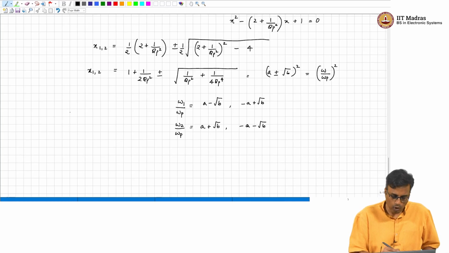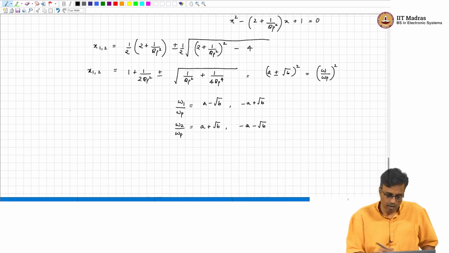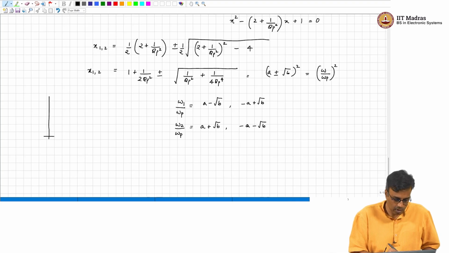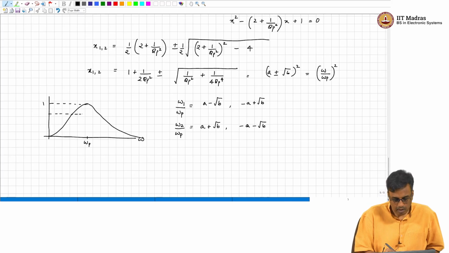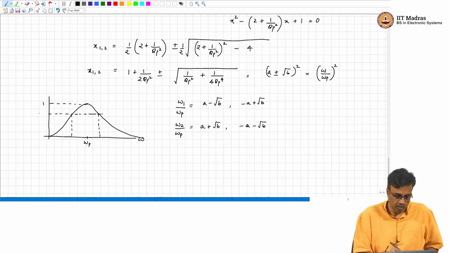What do we want? We want the 3 dB bandwidth. At omega p the magnitude is 1, and at the other two frequencies it is 1 by root 2.